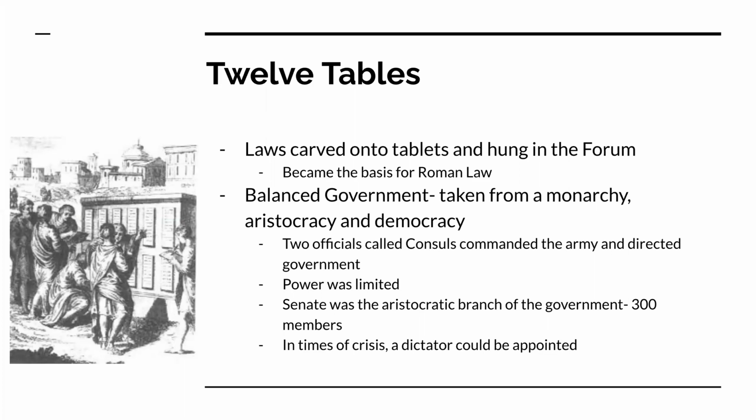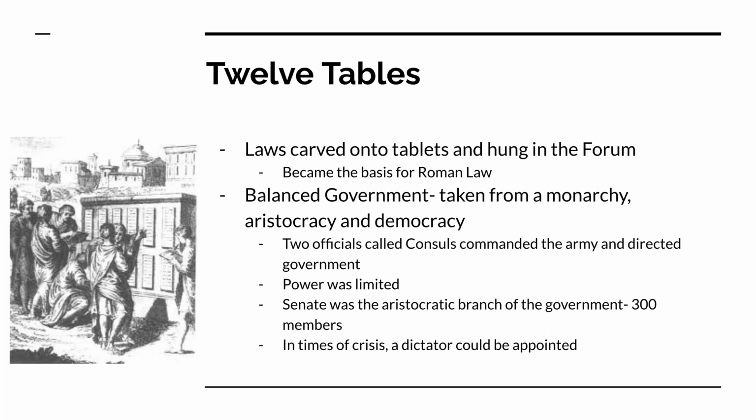Patrician officials would often interpret the law to suit themselves, but in 451 BC, a group of people began writing down Rome's laws, and they carved the 12 tables or tablets that were hung in the forum. And this would be an example of it. It's not necessarily exactly like that, but that would be an example of what the 12 tables might have looked like. They established the idea that all free citizens have a right to protection under the law. And that is hugely powerful.